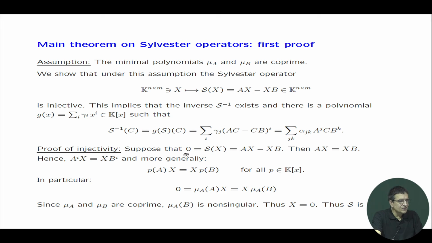So suppose that we have a solution. So 0 equals AX minus XB. Then this means this relation.